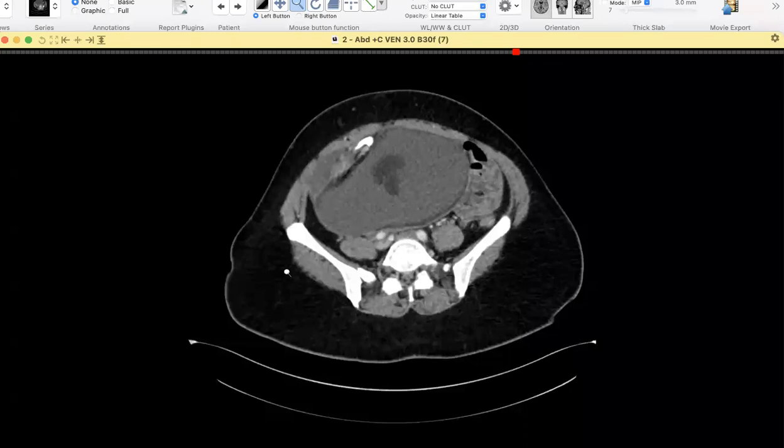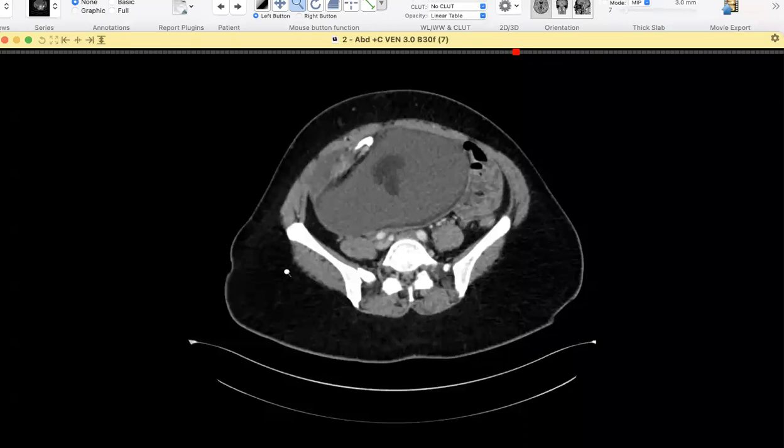These findings are quite consistent with mature cystic teratoma. However, keeping in view the size of this lesion, which is apparently more than 10 centimeters, I would also have high suspicion for any malignant changes. However, I cannot see any internal septation or nodularity or a polypoidal shape of this mass.